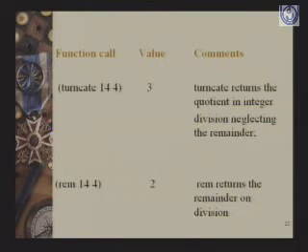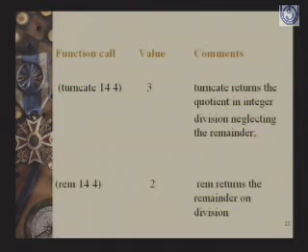Now there is another operation represented by the word truncate, which gives the integral part of the number written after it. So if we are given 14 divided by 4, it will return 3, because 14 divided by 4 is 3 point something, and that something is removed and you get the number 3.